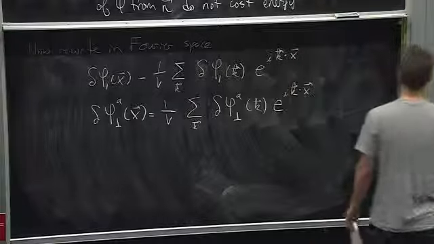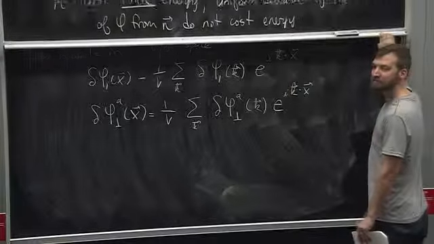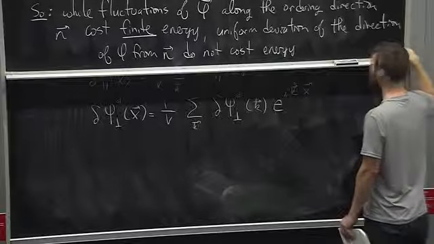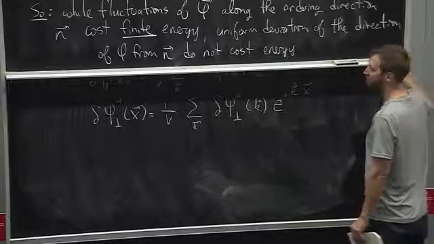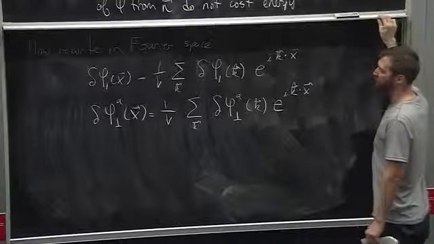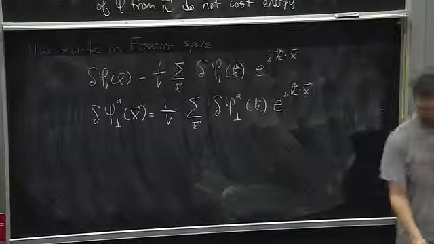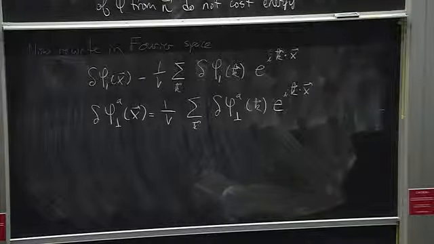Can I ask about the meaning of energy cost? Yeah, I'm being loose with that. You concluded that there's no energy cost to the perpendicular direction. Yeah, so in the saddle point approximation, Z is e to the minus S, this S, right?